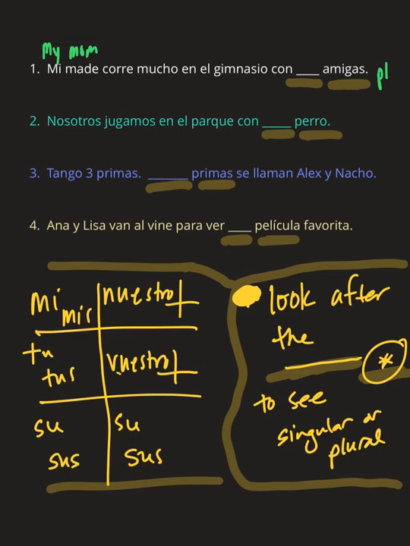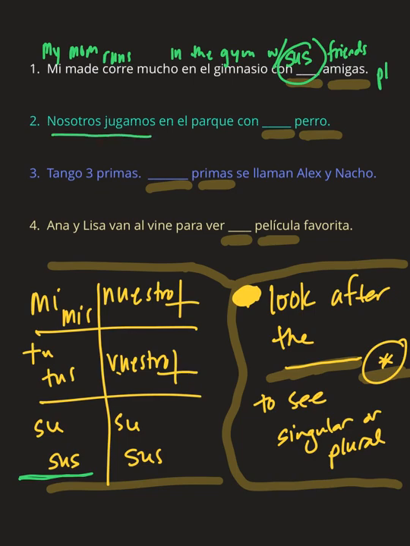Correr, to run, runs a lot in the gym, con, with friends. So we know it's going to be plural, friends, but whose friends? Whose friends am I talking about? I'm talking about my mom's friends or her friends. So that's going to be here, box 3. Su or sus. You already told me that it is plural. So, sus amigas.